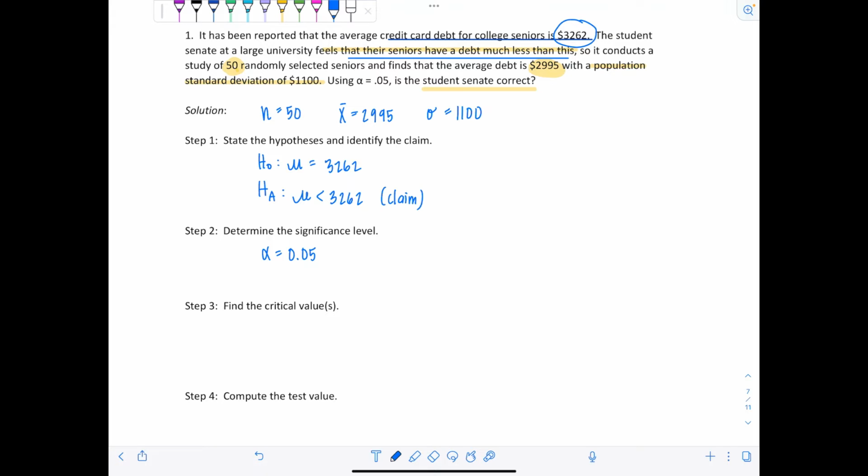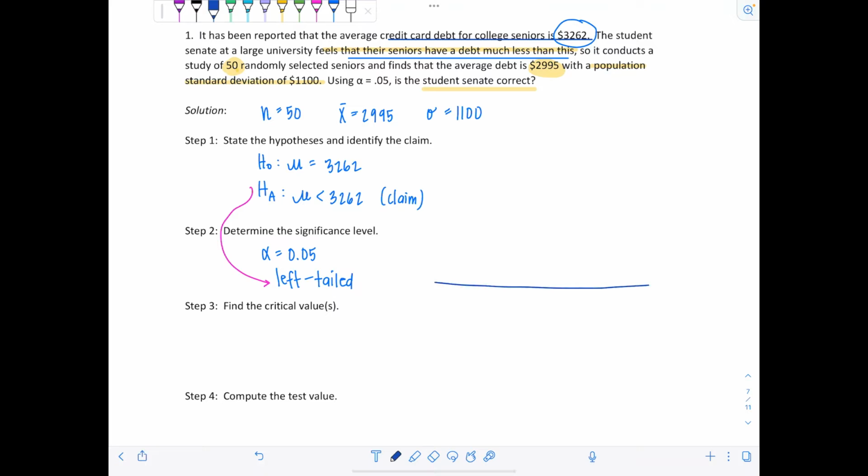But is this test left-tailed, right-tailed, or two-tailed? Well, to decide, remember, you look at the alternative hypothesis. Since mu is less than something, then this is a left-tailed test. Okay, I'm going to draw you an arrow to help you know. I knew that from the alternative. So what does that mean?